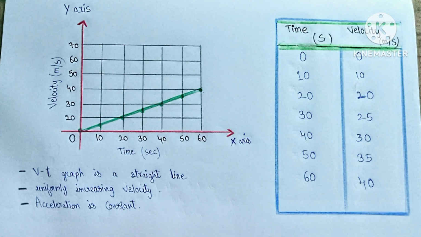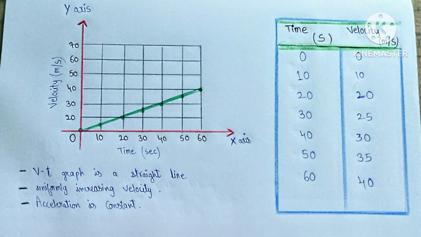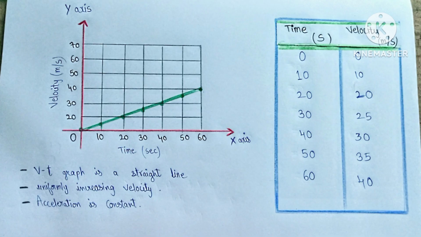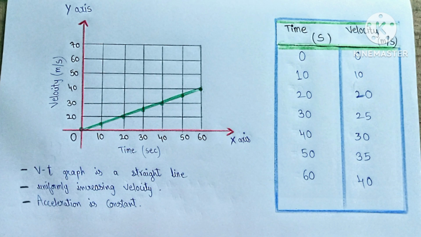Now what about the acceleration? Well, we said that velocity is increasing uniformly. We know that acceleration is the rate of change of velocity. But here it is uniformly changing, which means acceleration is constant in this case.